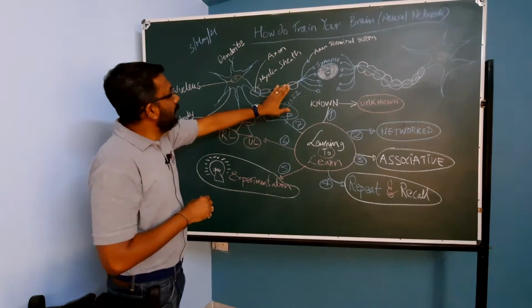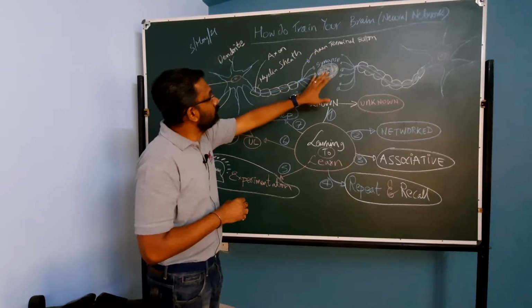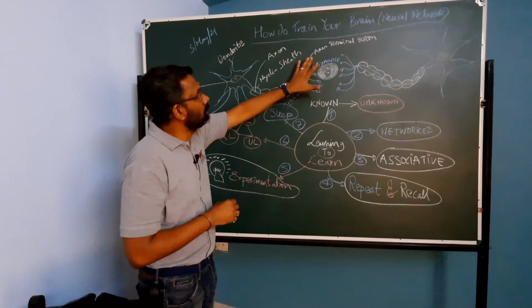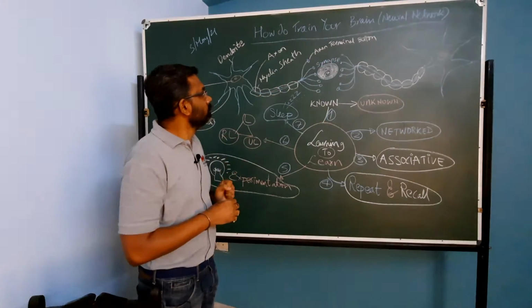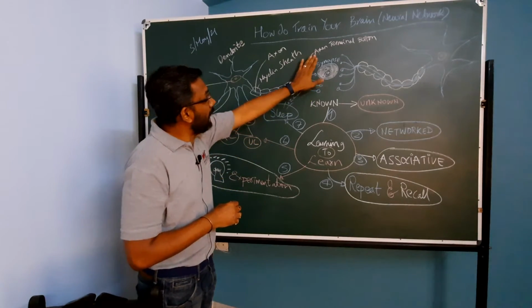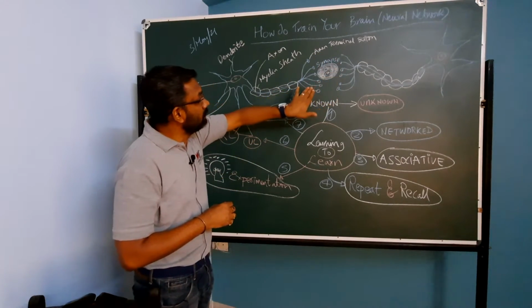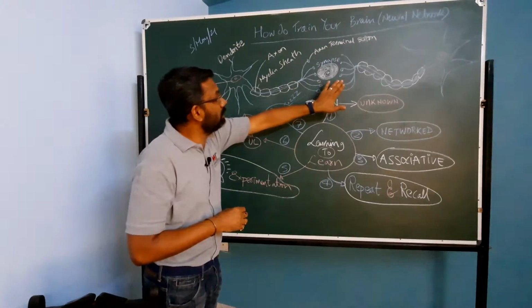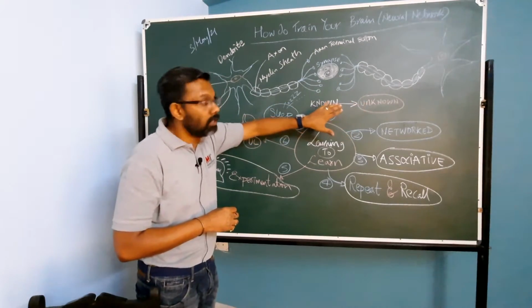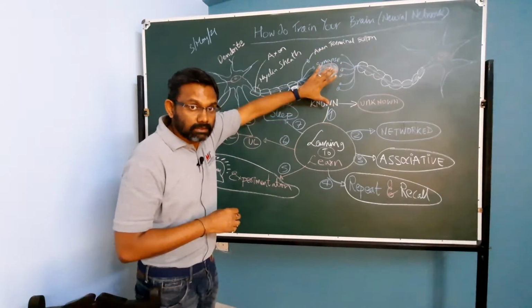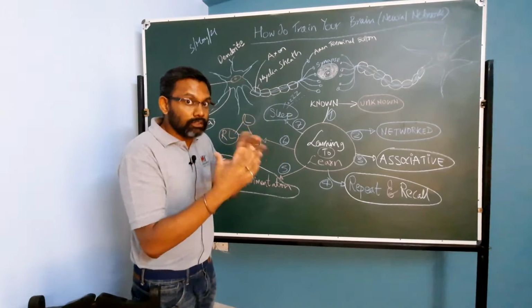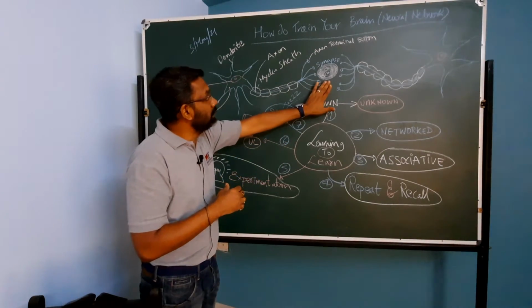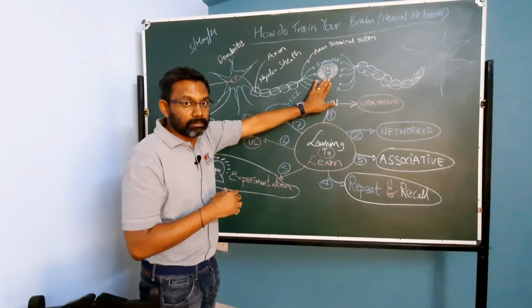And the axon terminates into distributed axon terminal buttons, and when the axon terminal buttons interact with other axon terminal buttons, those areas where the exchange of information takes place, that is called as a synapse.